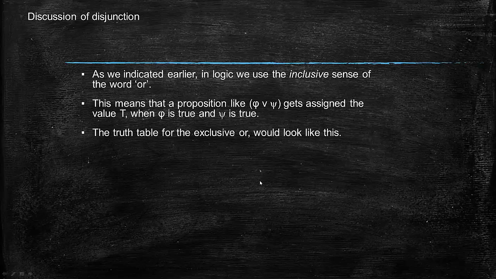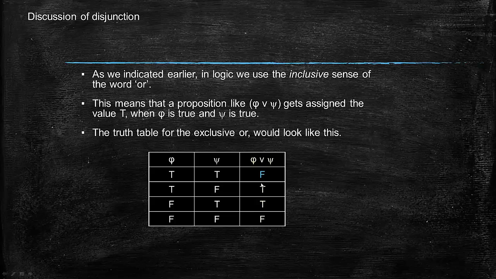So if we were to try to capture the truth table for the exclusive or, which we're not going to do, but just to show you what it would look like, and if you remember, the exclusive or is when we say either or, and what we mean is not both, right?